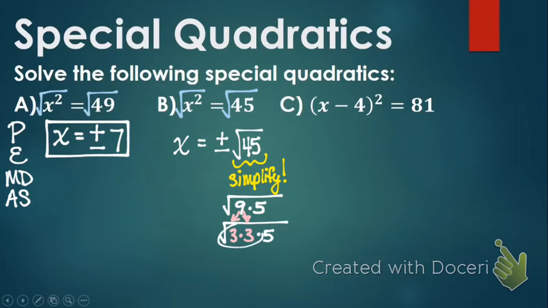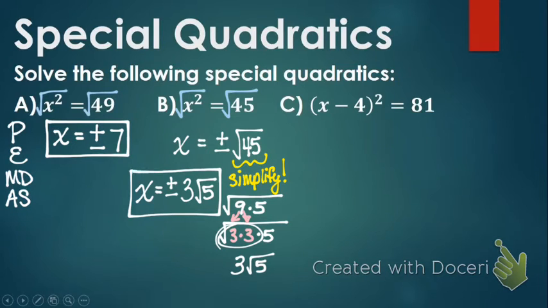So I can still see that square root of 9 right there to get the 3 on the outside and the 5 on the inside. So this would be x is equal to plus or minus 3 square root of 5. You guys okay with that? All right.